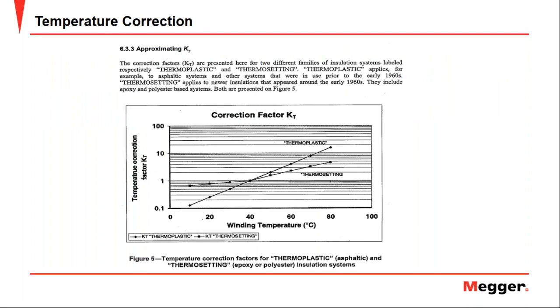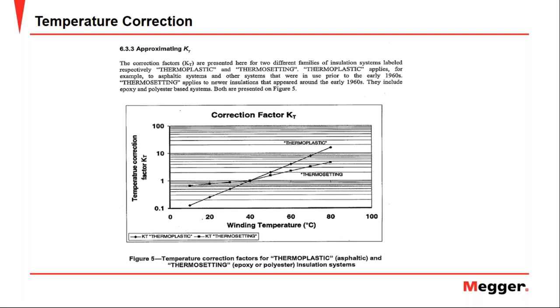Now, once the motor temperature is measured, it is necessary to have equipment that can do the mathematical calculation and make the measurement correction according to the IEEE 43 standard. After making this calculation, it is possible to do a measurement comparison.